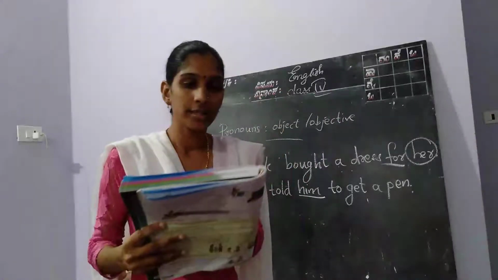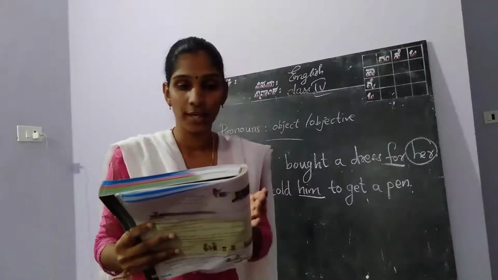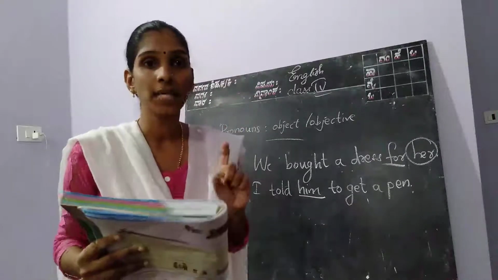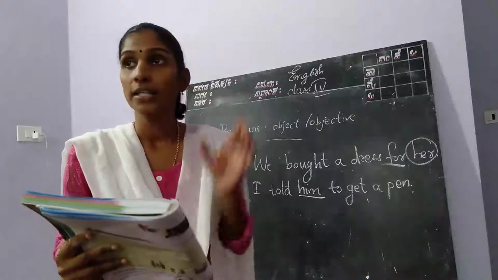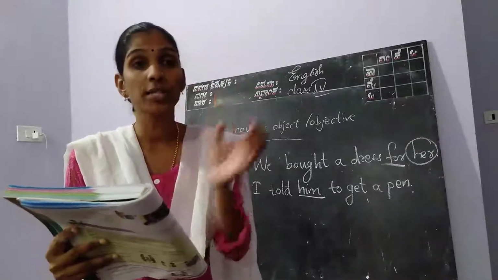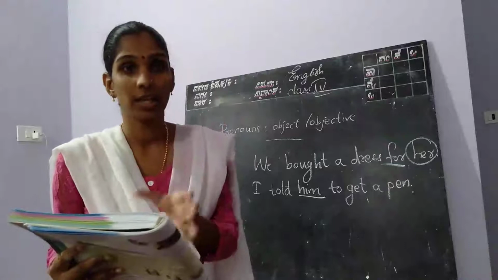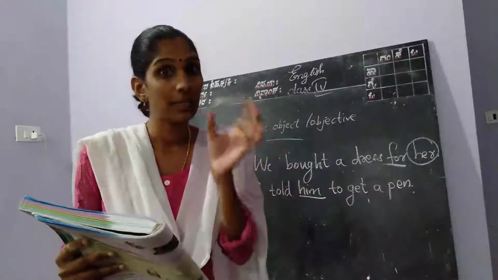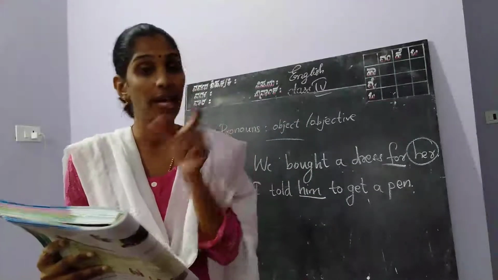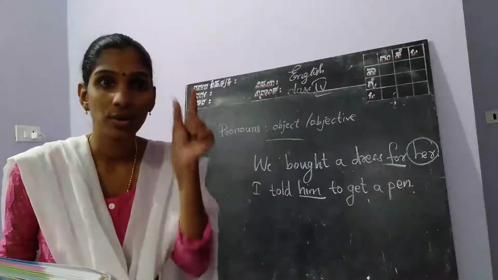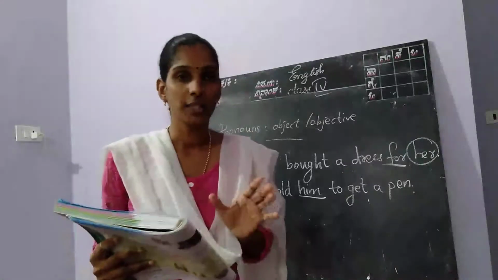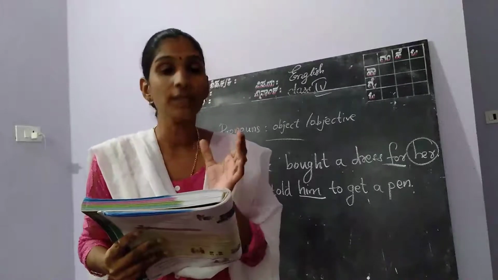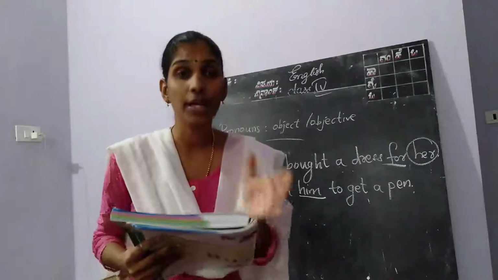Next. Where are your friends? Did you invite them for the party? Here them is an objective pronoun used after the word invite. Invite is an action word, inviting someone. After an action word them is used. Next. Were you talking with him?